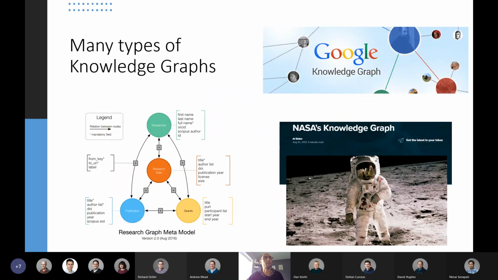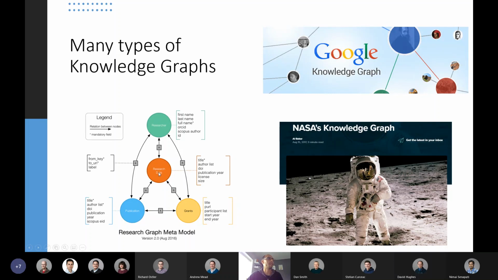The most famous one is Google's knowledge graph, which is about lots of things that are happening on the web. Then there is, for example, a research knowledge graph, which has 4 main entities, and this is how the schema looks.